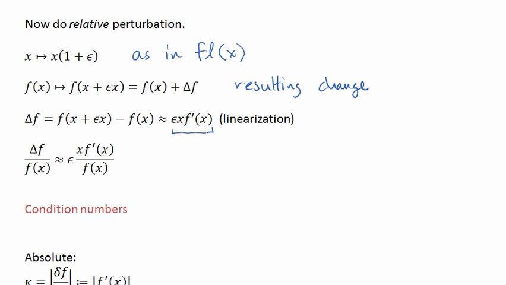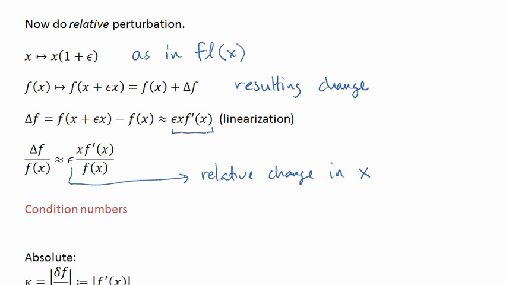And then, again, we're going to be interested in the relative change in the answer f. So we have to take delta f and divide by f. Right? So remember, epsilon is the relative change in x. Right? So like in the quadratic polynomial root finding problem, we perturb things by 10 to the minus 6, so we should expect that the answer also has a factor like 10 to the minus 6 in it when it changes.